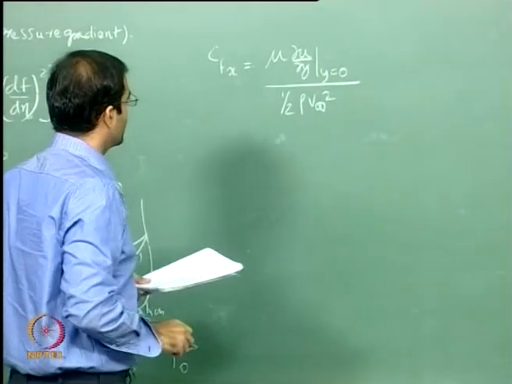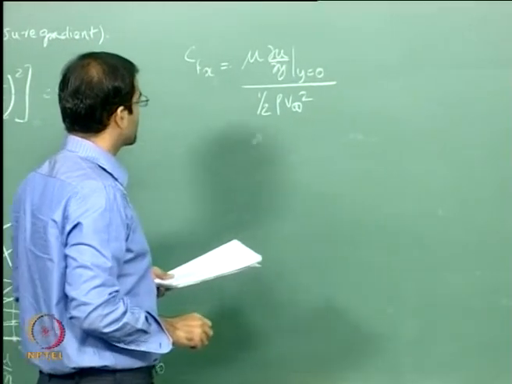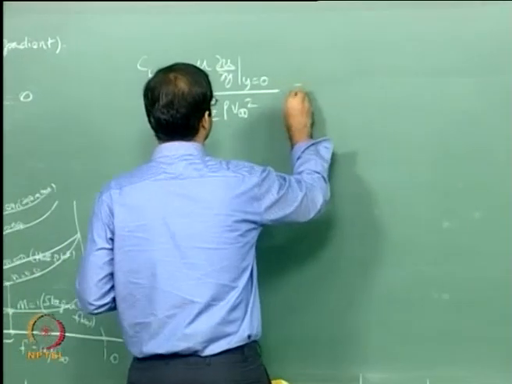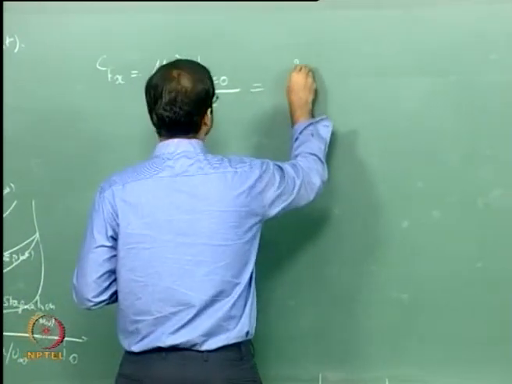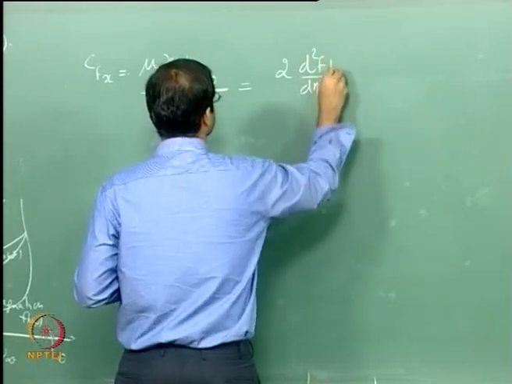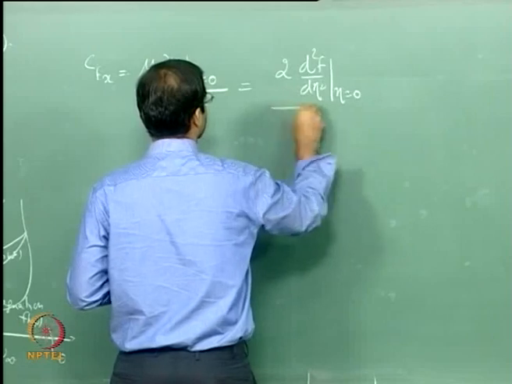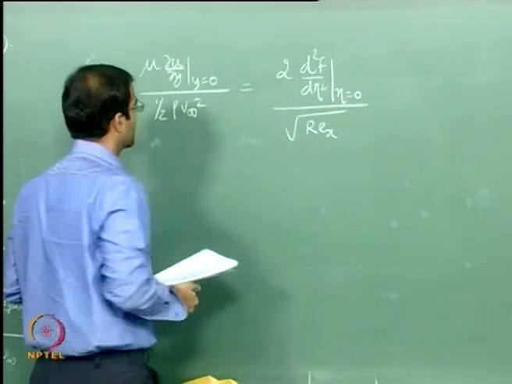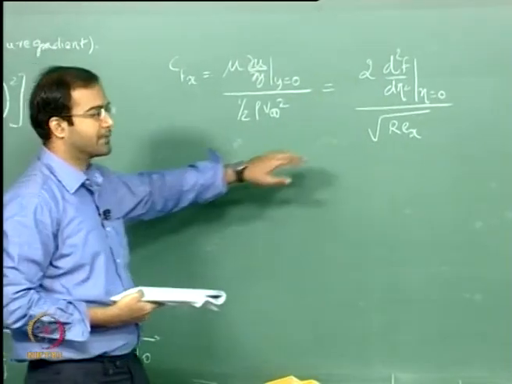Now if you substitute everything in terms of the similarity variables, you will be getting an expression in terms of f and eta. Okay, so this depends on the curvature at the wall.